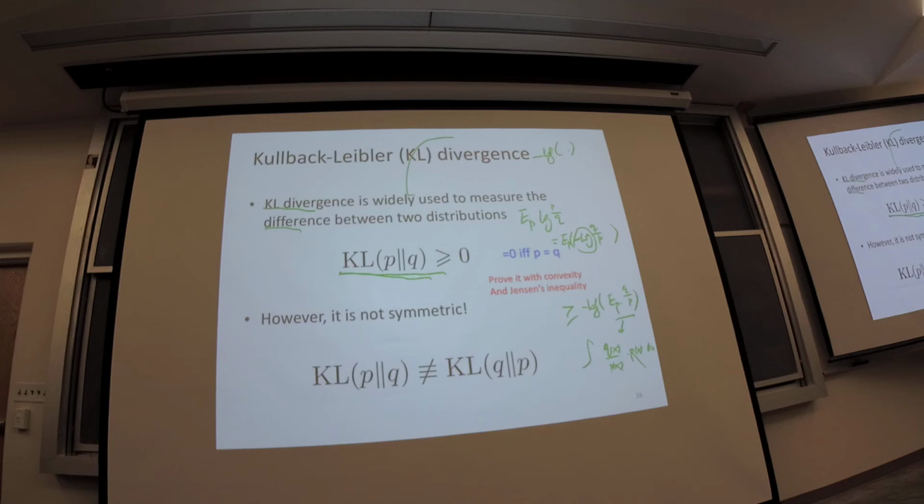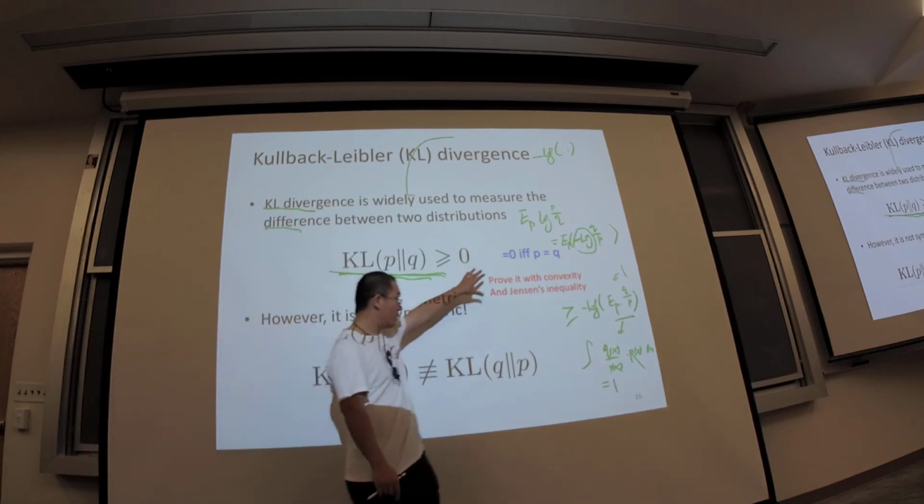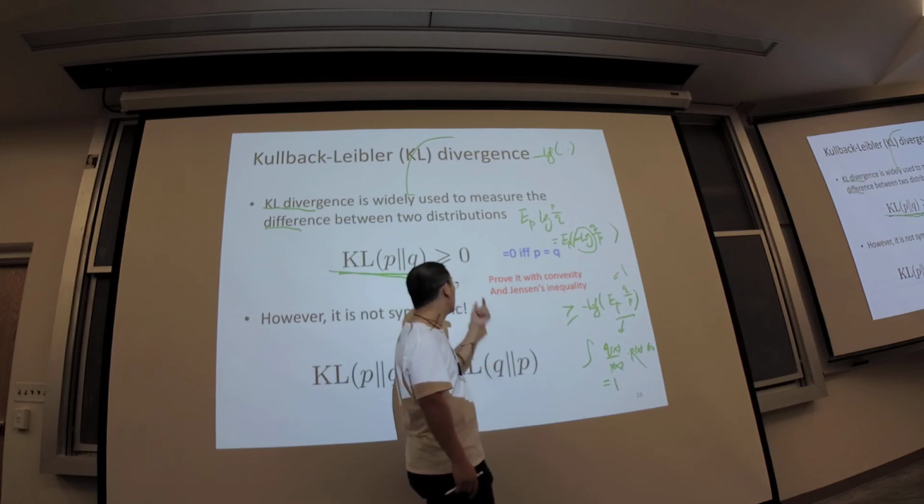Q is a distribution as well, so your integral is 1. So this is 1. You take the logarithm of 1, which is 0. That's why KL divergence is always guaranteed to be non-negative. And you can show that it is 0 if and only if P and Q are exactly the same.